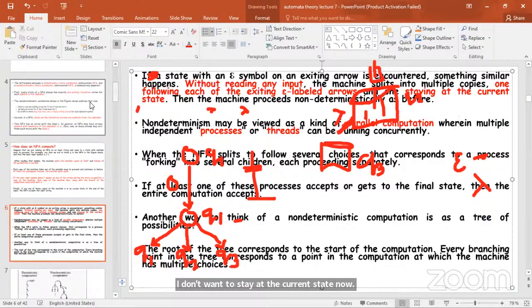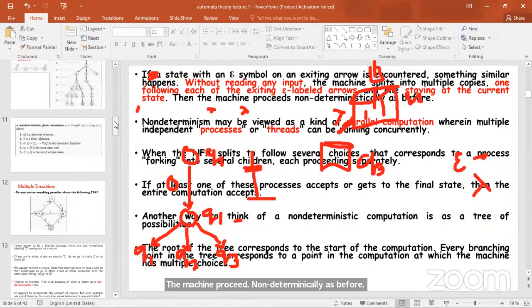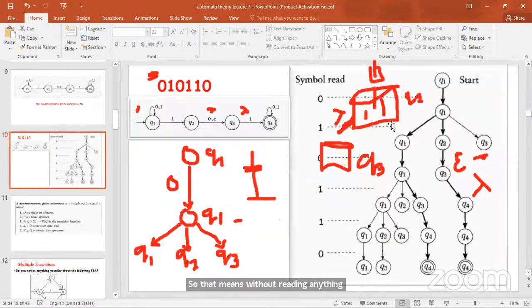So that means without reading anything at all, Q1, which has read a 1, can move to Q2, and without reading anything, because there's an empty set symbol here, it can also move to Q3.